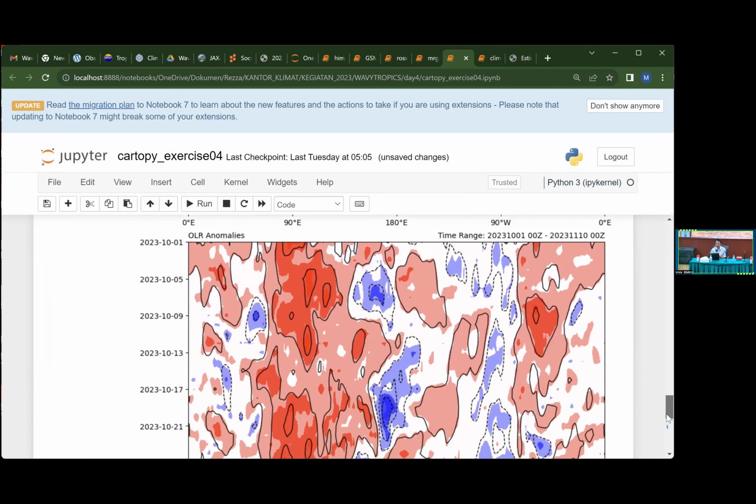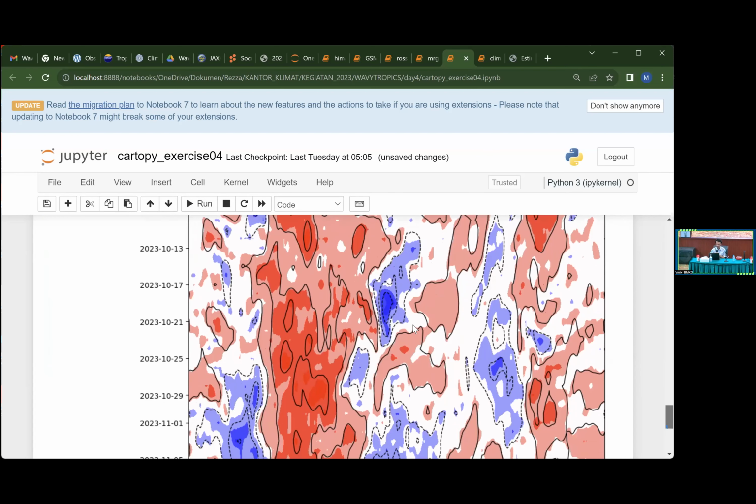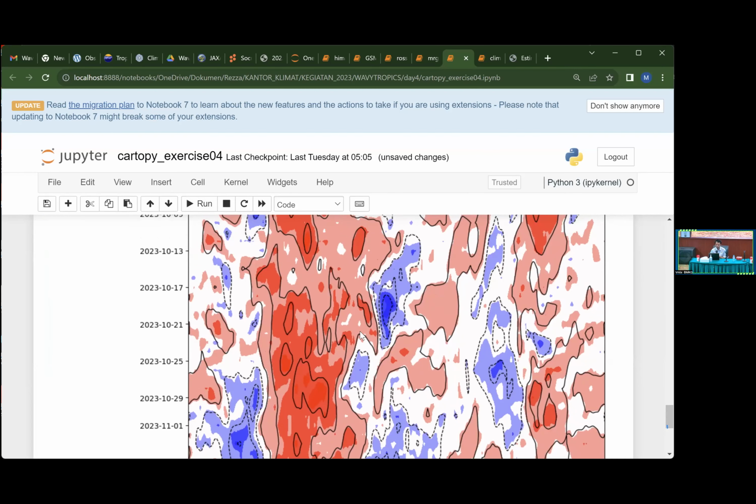Okay, so let's see. Oh, actually, October here, right? So here, let me annotate this. Here is actually the location of the maritime continent over here.